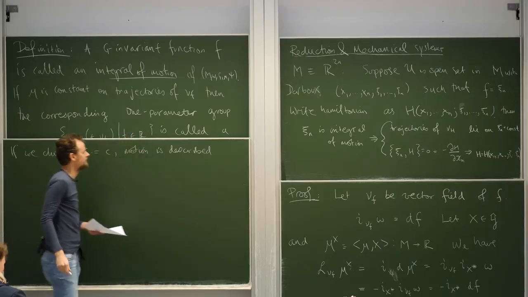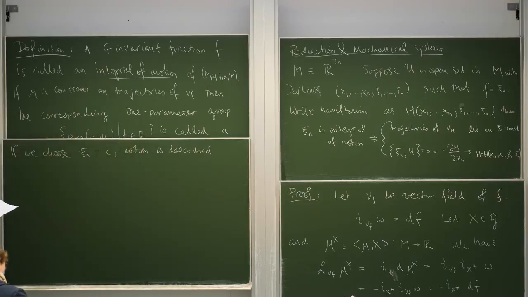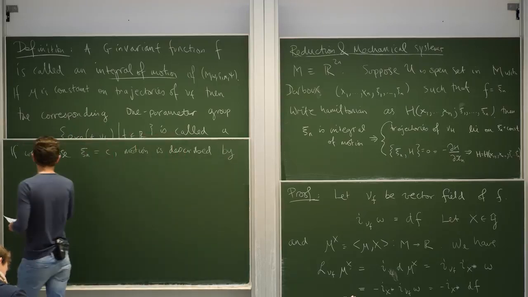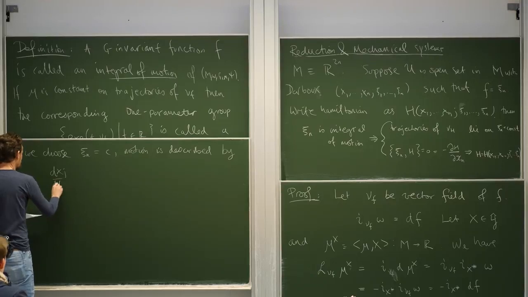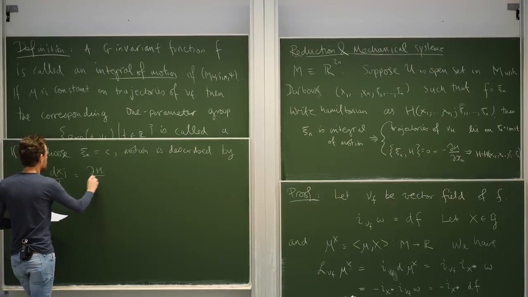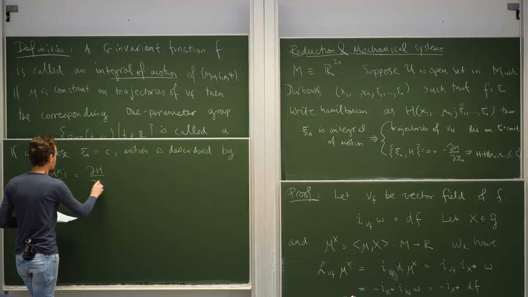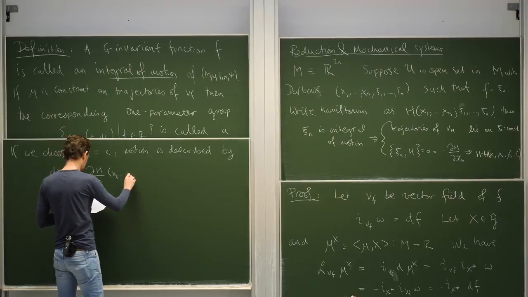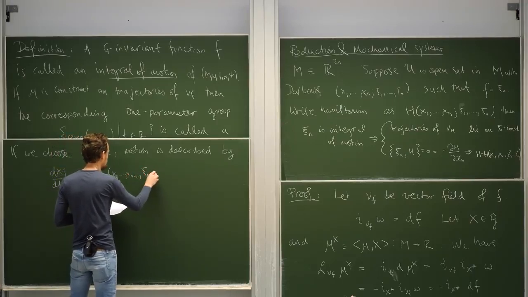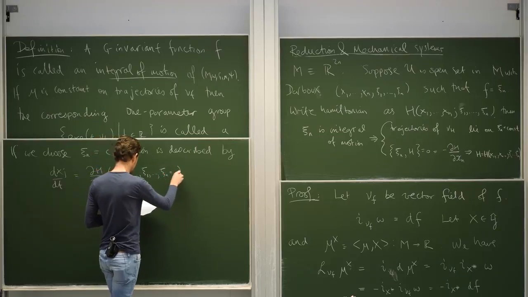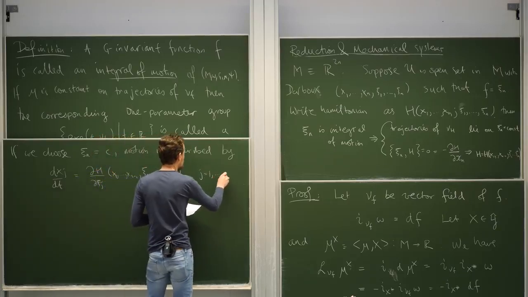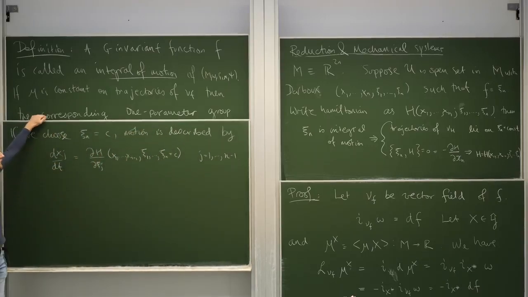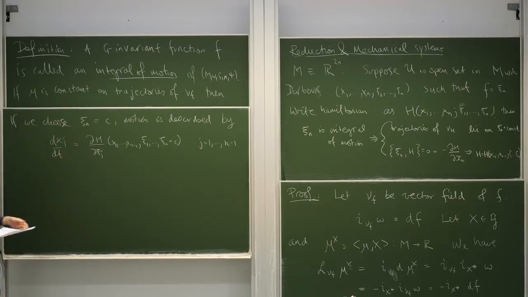And we'll use Hamilton's equations to understand the motion. How is it now described using the information that we have? Well, it's described by Hamilton's equations. So there's the first n minus 1 equations coming from Hamilton's equations.